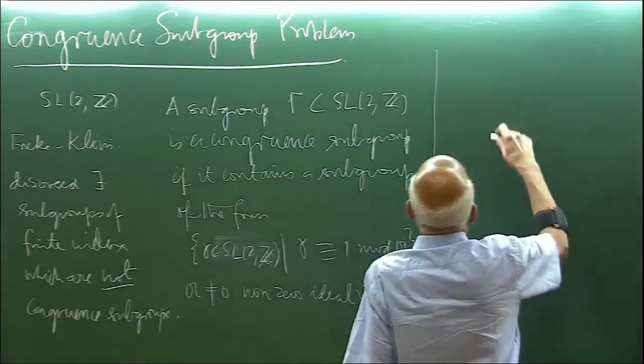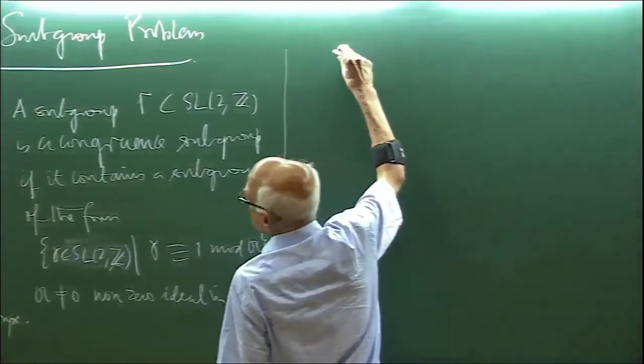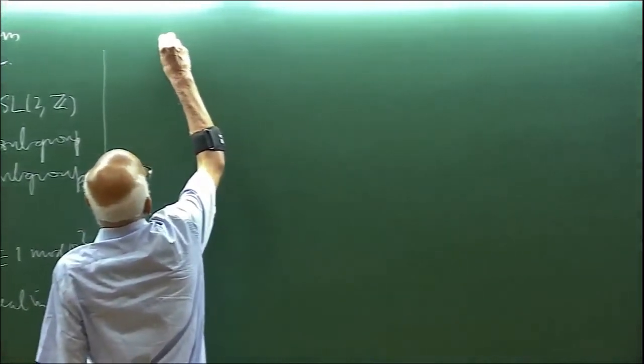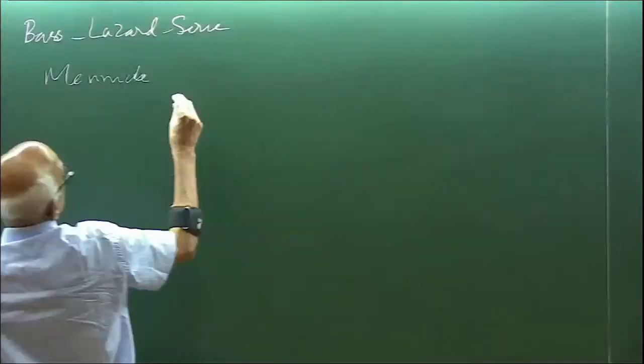Anyway, this question was really forgotten for a long, long time, till the early 60s or maybe late 50s. There was a discovery made by Bass, Lazard, Serre and independently Mennicke, through the following theorem.